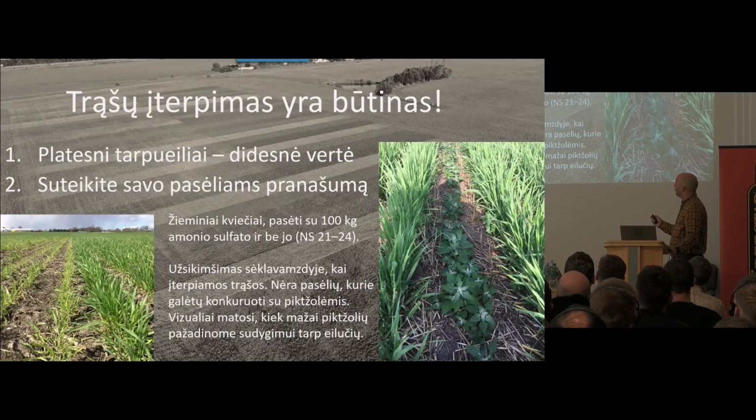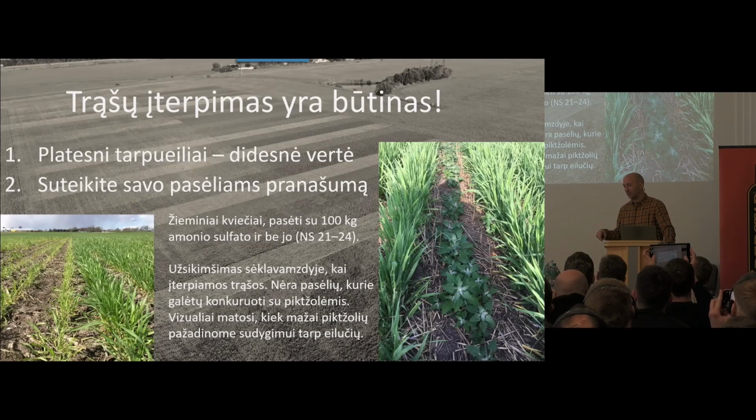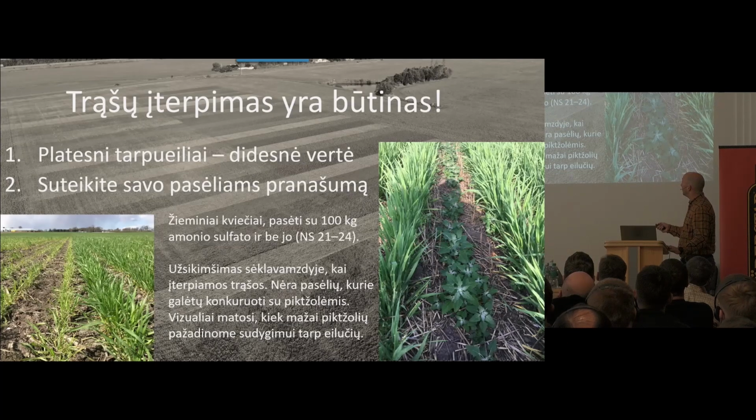And this fertilizer, NS 21-24, lowers the pH in the soil, and that helps against manganese. But it's a very visible effect with placing nitrogen, and this is without.